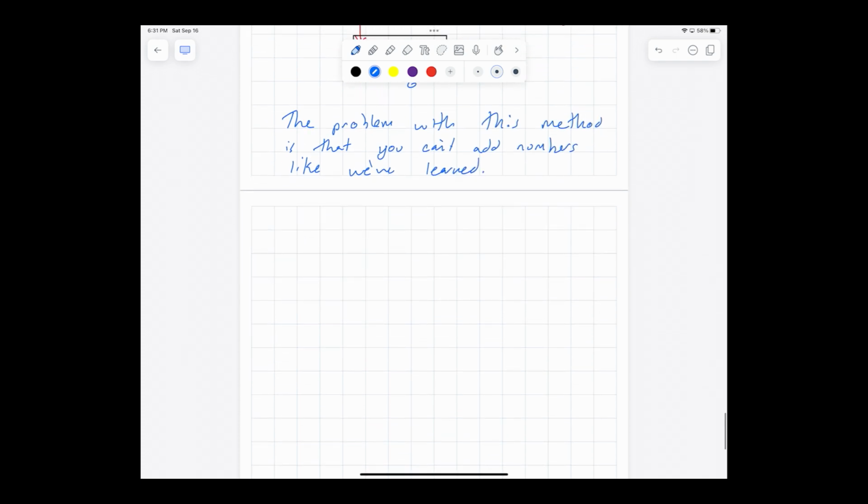Now I'm going to make up an example to show this. Hopefully this actually does show this, because I'm just making up numbers off the top of my head. So for example, if we wanted to add the number 3 and we wanted to subtract 2, then of course the result should be 1.